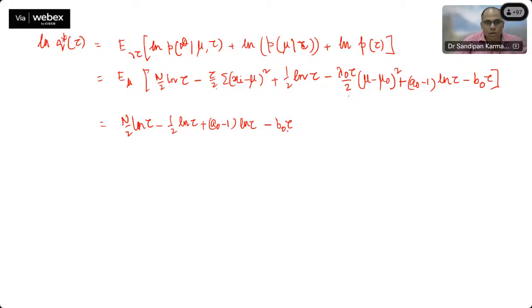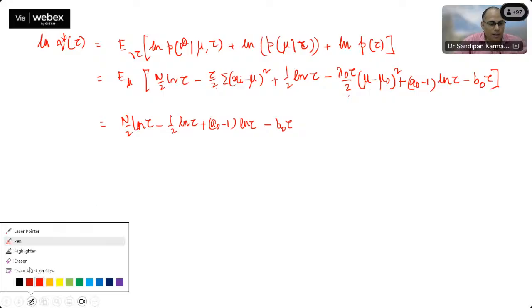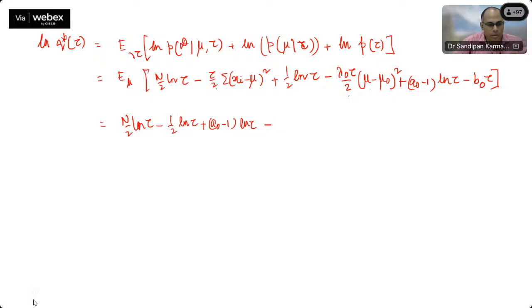Let us take the tau outside and then we will complete. So minus tau multiplied by b naught, then minus tau by 2 summation of xi minus mu whole square, then minus lambda naught by 2 mu minus mu naught whole square.